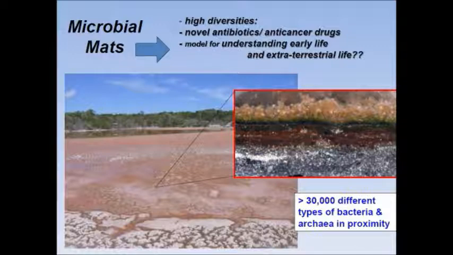Very, very abundant, and the question immediately arises, how do they know who they're talking to when they're sending out signals? 30,000 different types of bacteria all sending out signals. How do you control the signaling and not have too much interference and static? There are also novel antibiotics and anti-cancer drugs that can be found in such mats, and they're used as a model for understanding early life or extraterrestrial life.